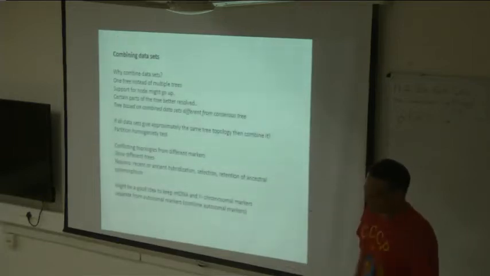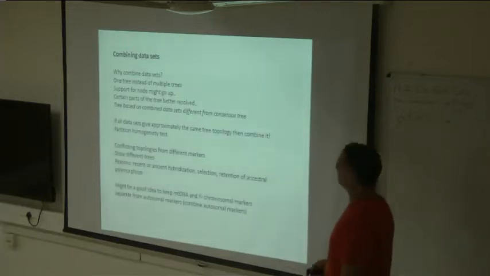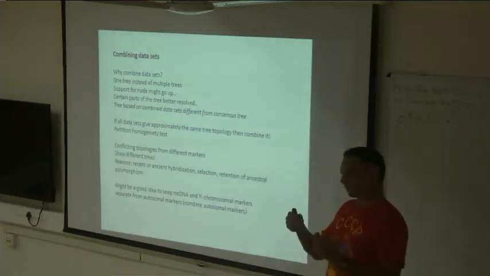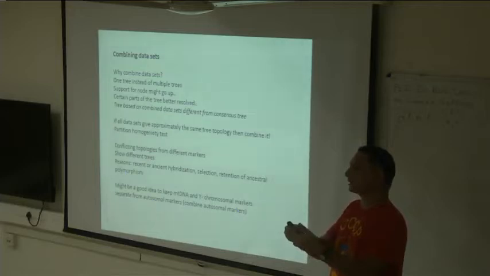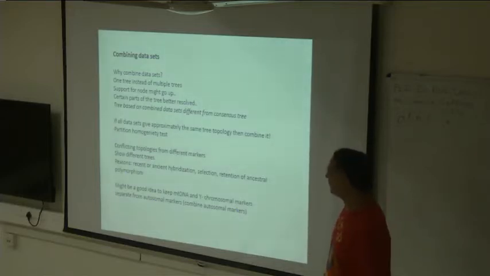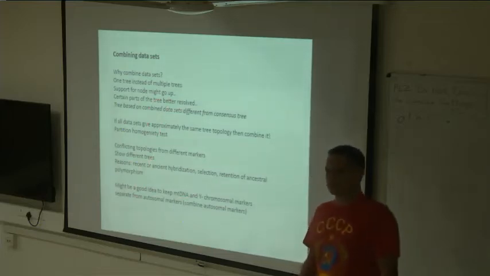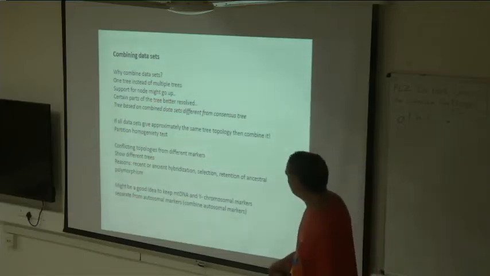Okay, we also talked about whether we should combine the different data sets by concatenating the genes, or you should look at them separately. We already talked about all these things, so I'm not going to go over it.